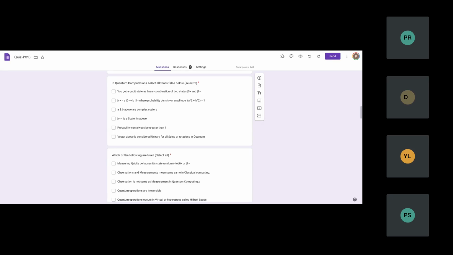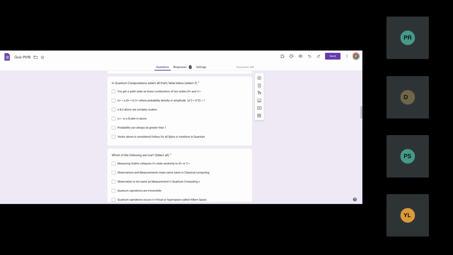So ket psi equals a ket 0 plus b ket 1, where the probability amplitudes satisfy a squared plus b squared equals 1. That is also true. Third one, a and b above are complex scalars. That's also true.